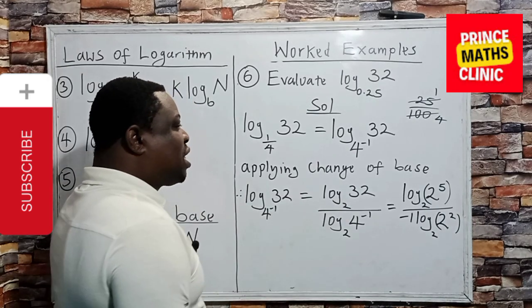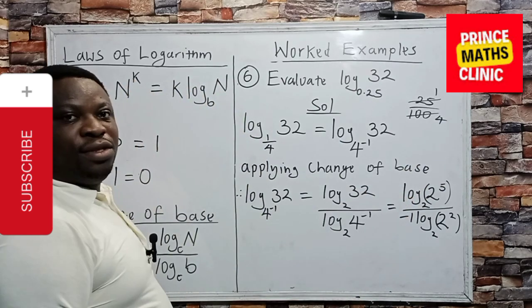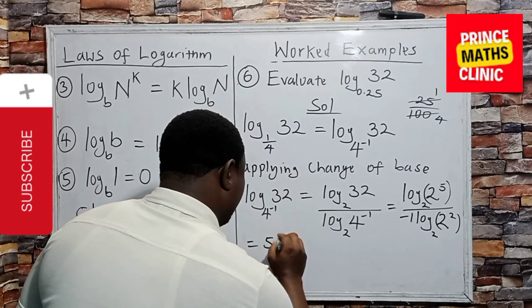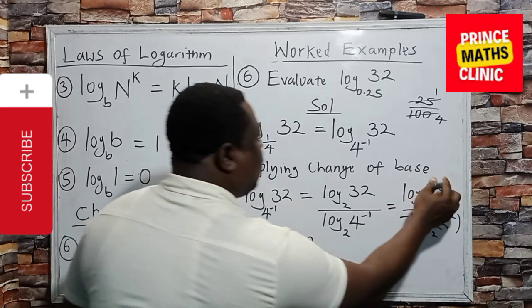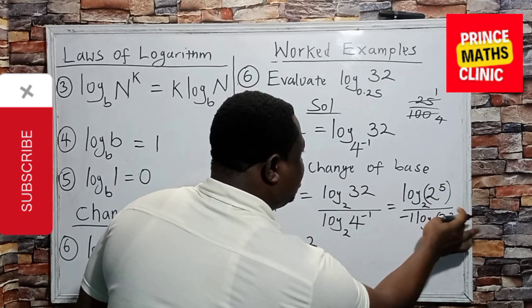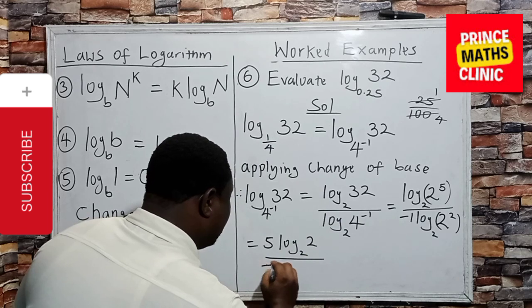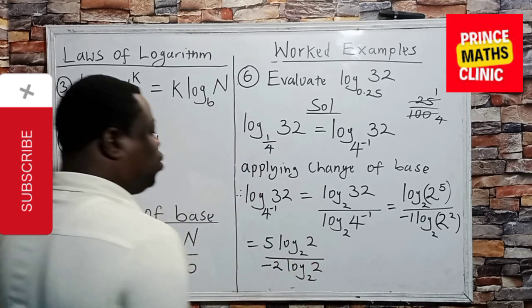Then, in both cases now, you can take the power, multiply the log. So this becomes 5 log 2 base 2 over, this is still 2, but 2 times -1 gives us -2. Then you have log 2 base 2.